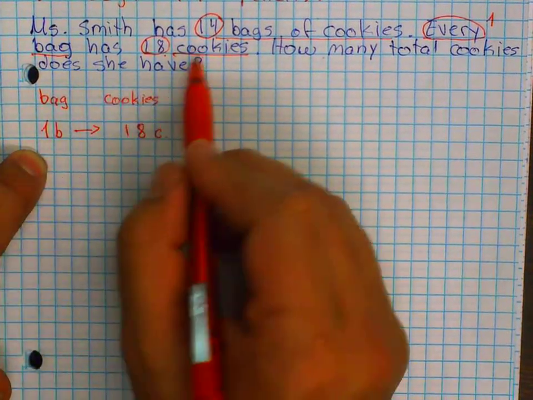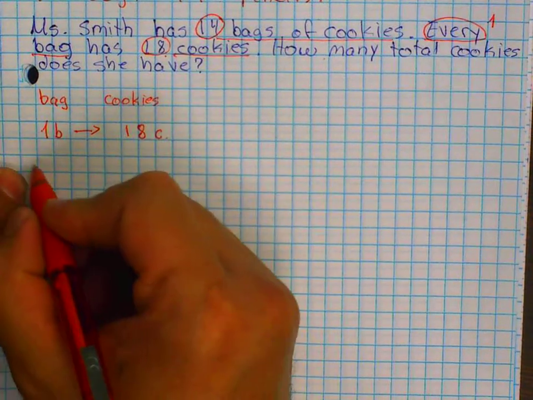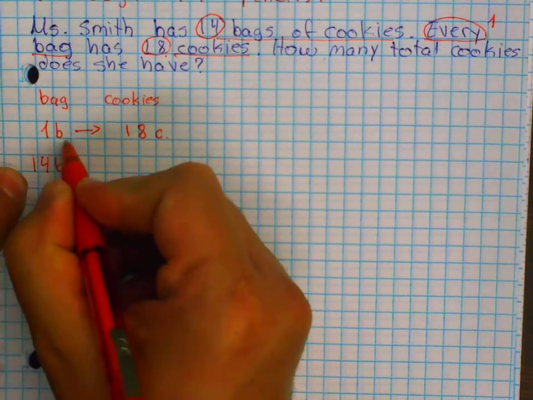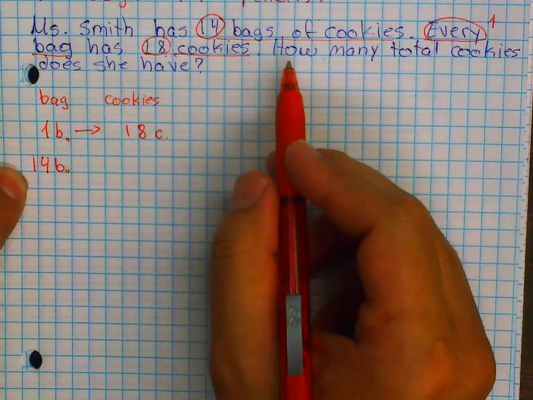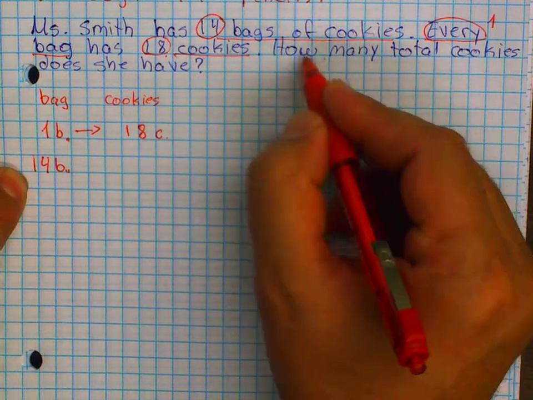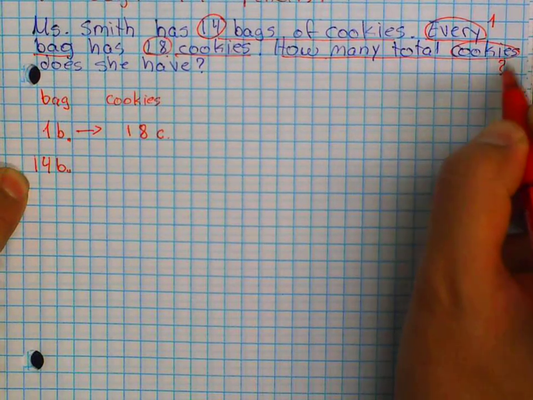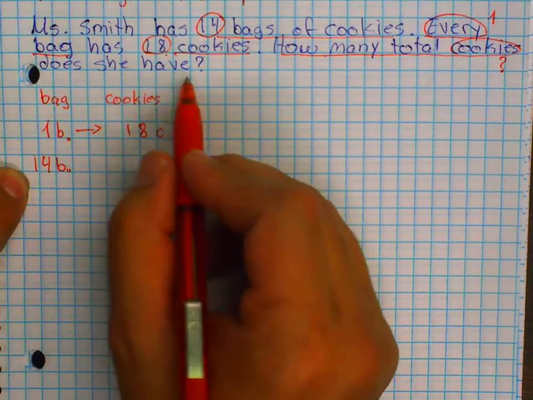Okay. Now I can go to the question and say, how many total cookies? So my question is, how many cookies does she have? I know that she has 14 bags, and I want to know how many cookies she has. So these 14 bags, how many cookies is that?